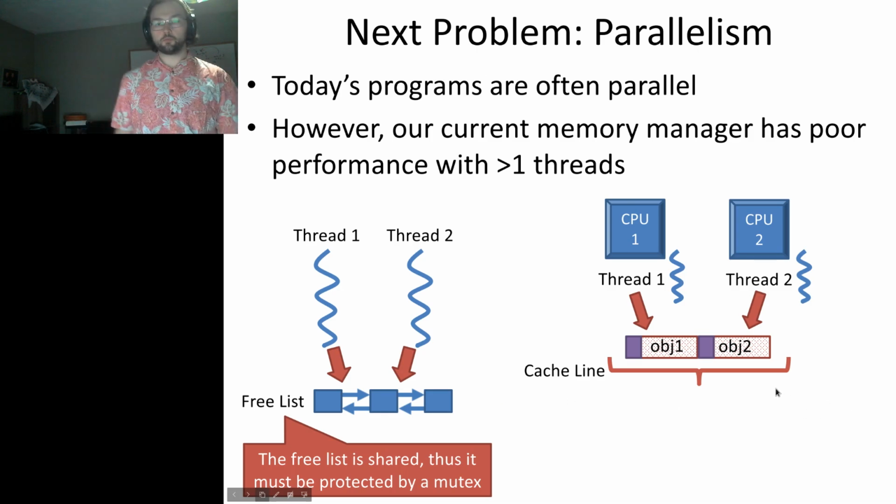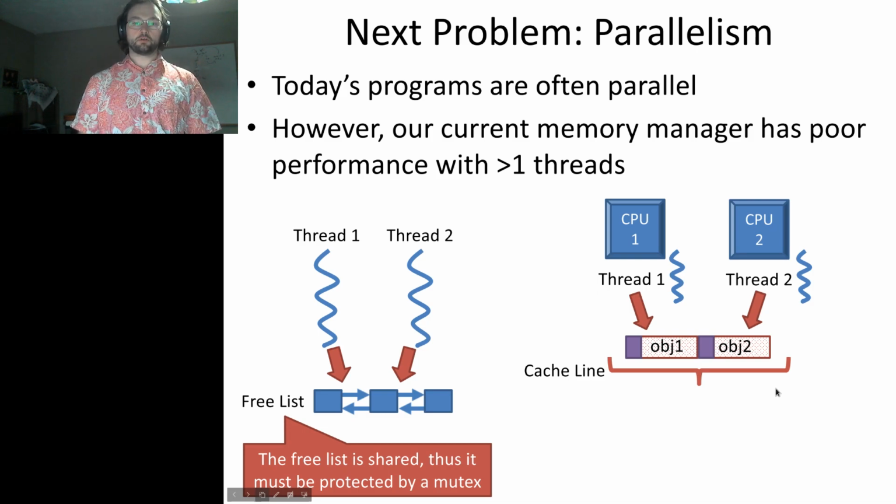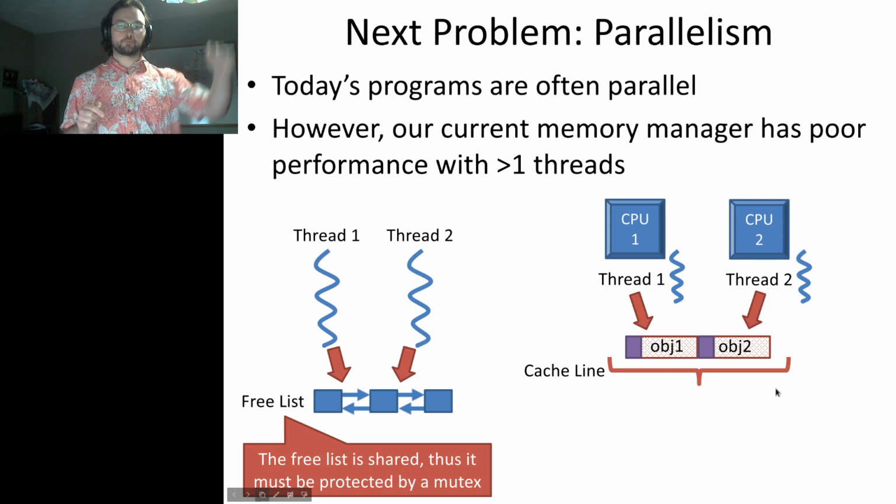We also have another problem, which is a little bit less obvious, and that is that when we have multiple CPUs or multiple CPU cores that are accessing objects that happen to be next to each other as far as physical memory addresses go, that's a complication. Specifically, when we have two objects that are within the same cache line, on Intel processors it works with 64-byte cache lines, two CPUs can't really access those two objects at the same time.